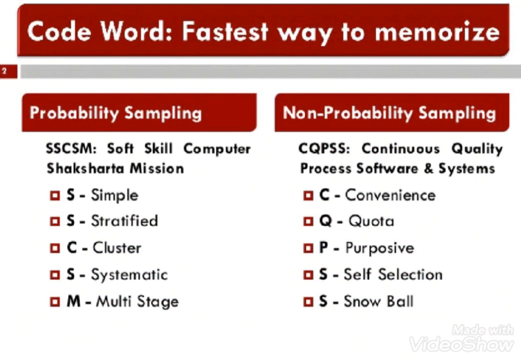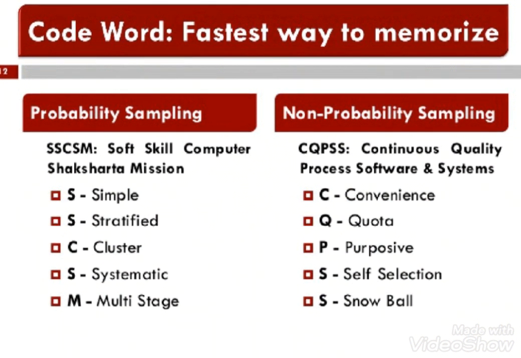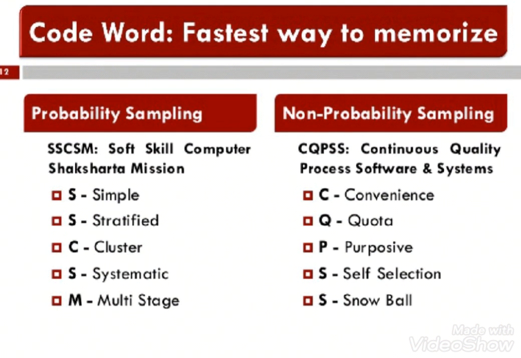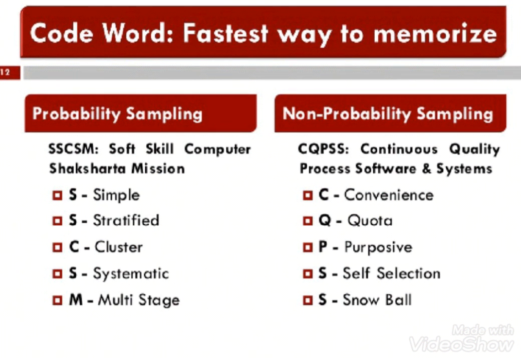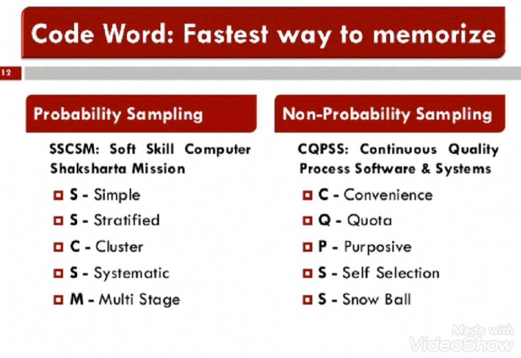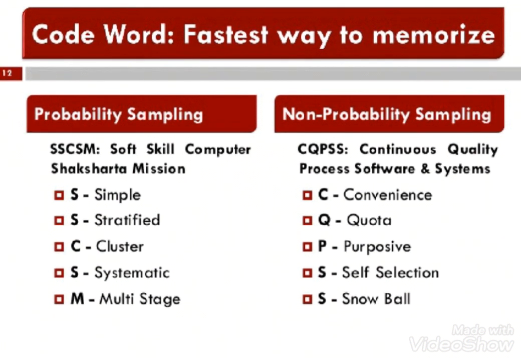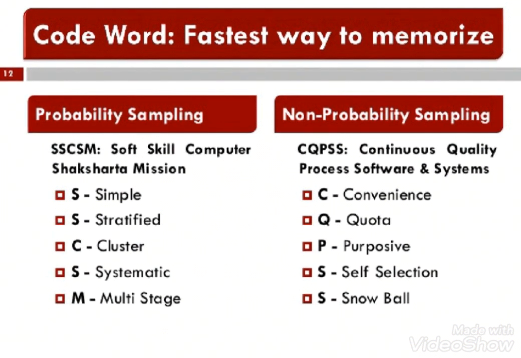So here is the easiest way to learn these sampling types. For probability sampling, the abbreviated term is SSCSM. Here S stands for simple, another S stands for stratified, C stands for cluster, S stands for systematic, and M stands for multi-stage.